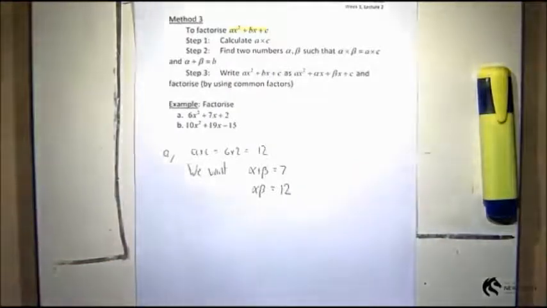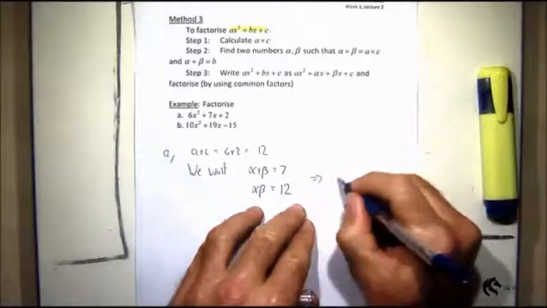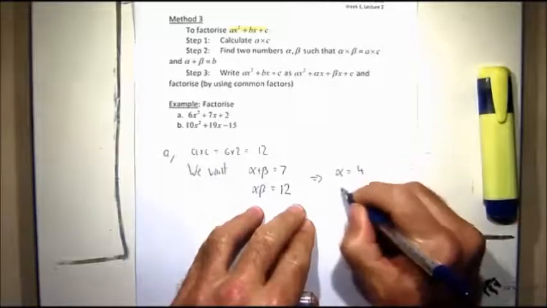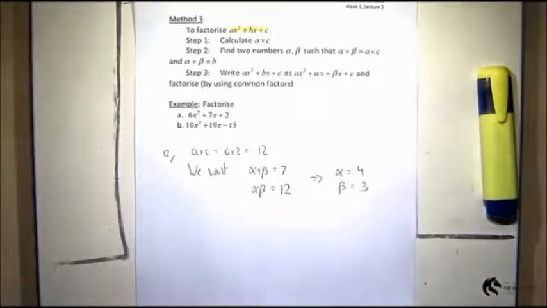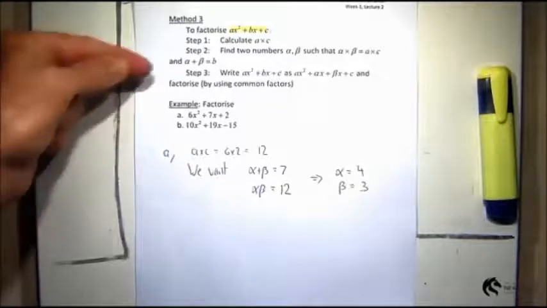So I want two numbers that multiply to 12 and add to 7. And again, you can go mentally through the factors of 12, and I guess alpha equal to 4, beta equal to 3. Looks like it should work quite nicely. Multiply to 12, add to 7. Okay, that has got us through step 2.